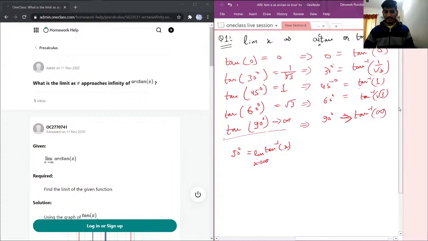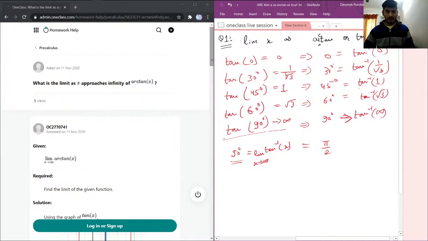We can clearly see that this angle is 90 degree, or we can also say that it is pi over 2.